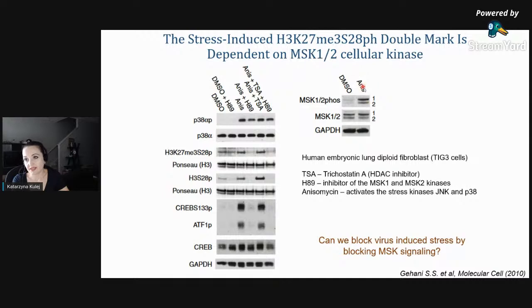And they also showed that cell stress indeed activates the phosphorylation of the MSK kinases, and this phosphorylation is primarily at the autoactivation sites, so the kinase is active.